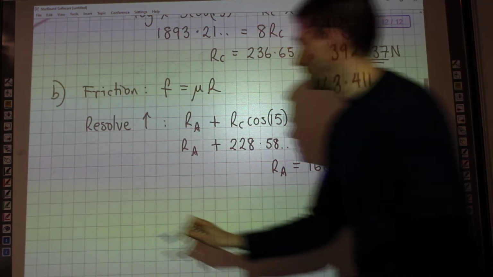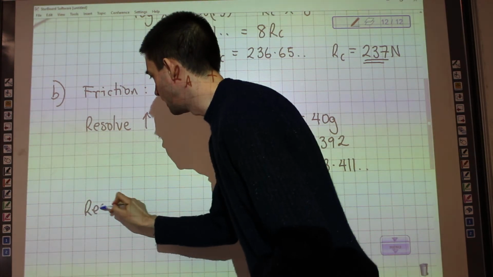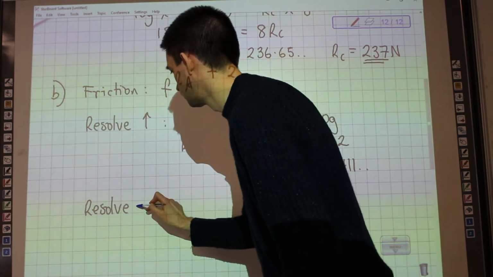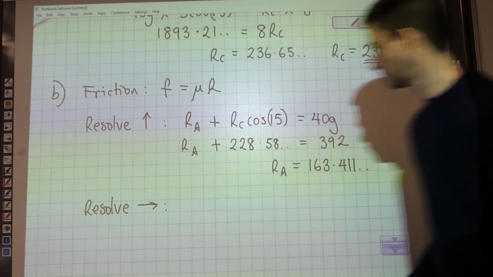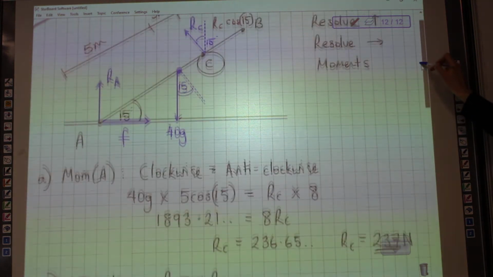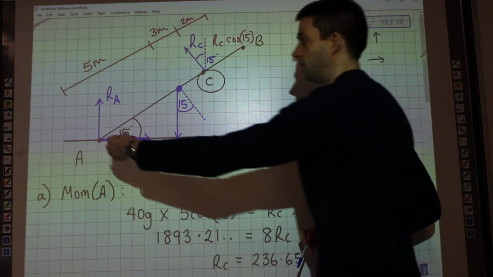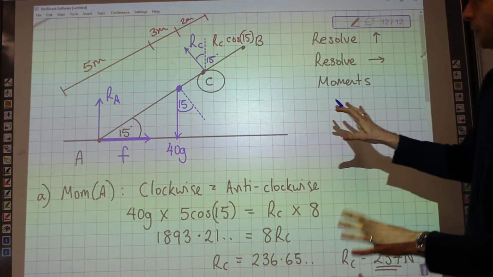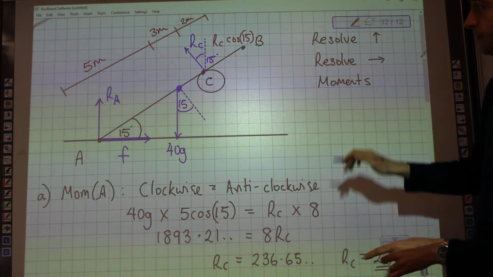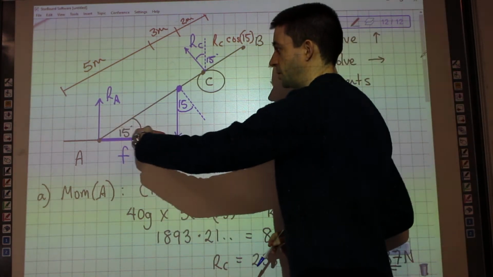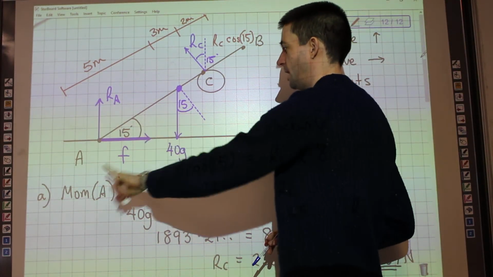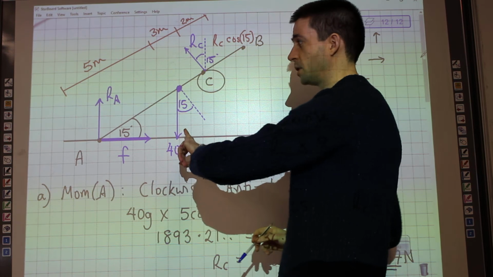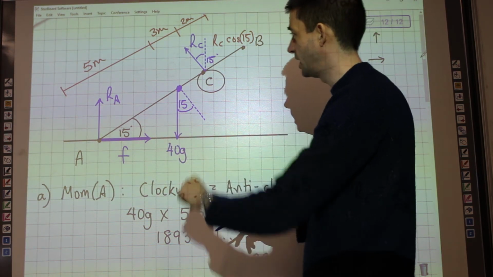What I now need to do is resolve horizontally, because what that will do is it will find me the frictional force here. Now, looking at this diagram, I've got frictional force acting to the right. Reaction at A and 40G I can ignore because they're acting vertically, not horizontally.